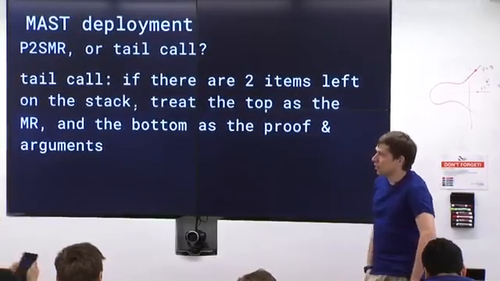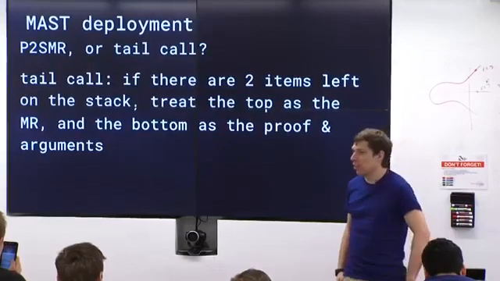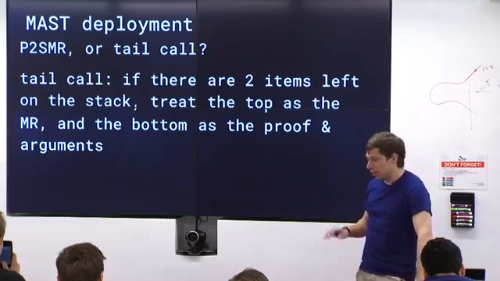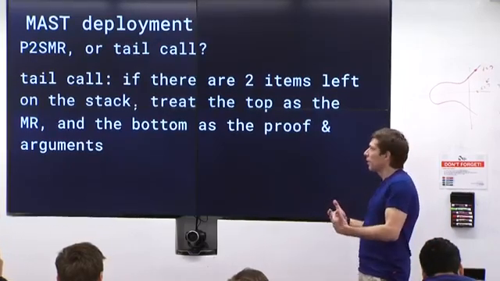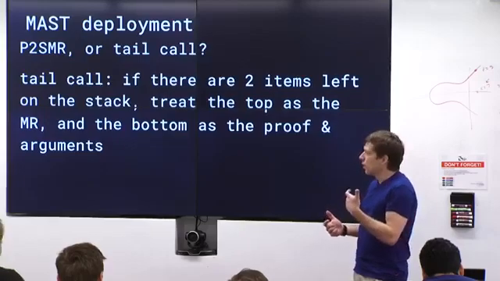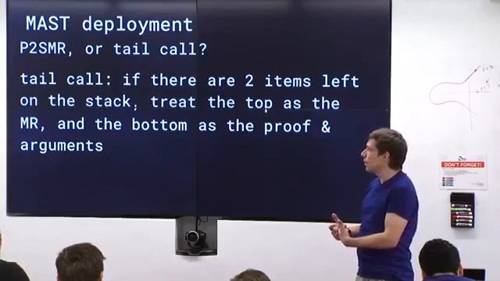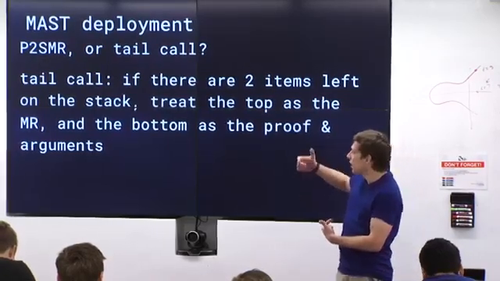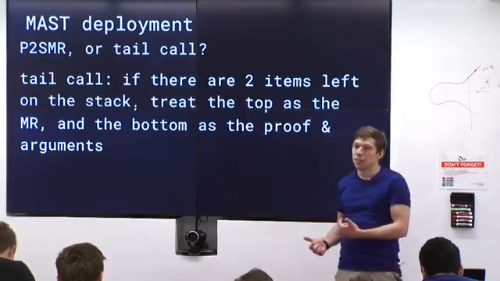Another way, which is kind of cool, and people were talking about it recently, is this tail call recursion looking thing, where the idea is if you evaluate your script, and then there's 2 items left on the stack at the end, whichever is bottom or top, the bottom one is a Merkle root, and the other item on the stack is the proof and arguments, another script.